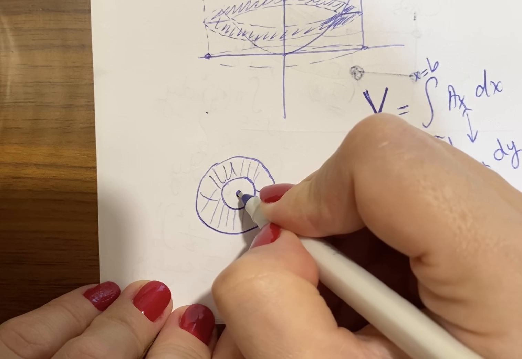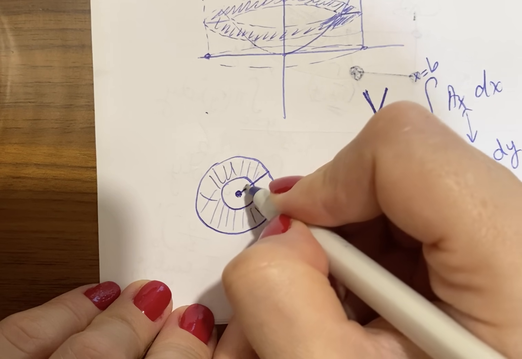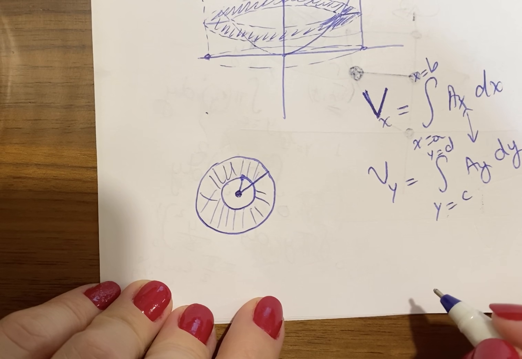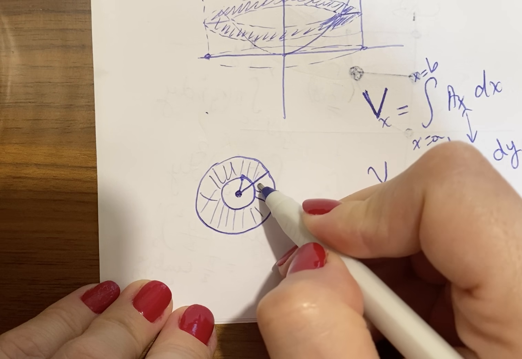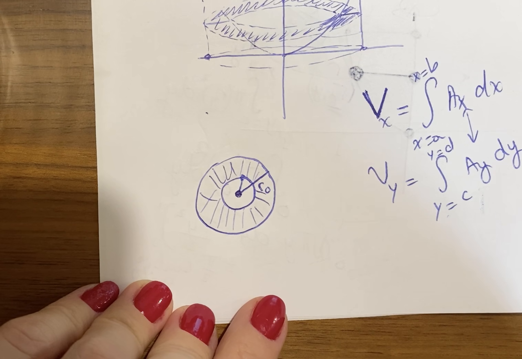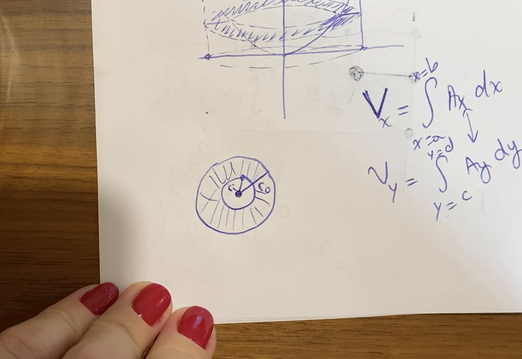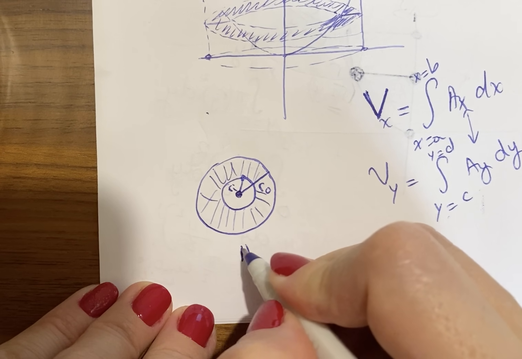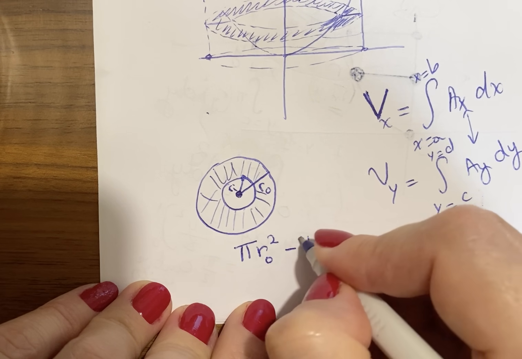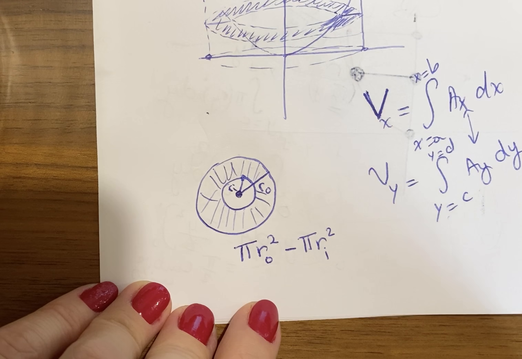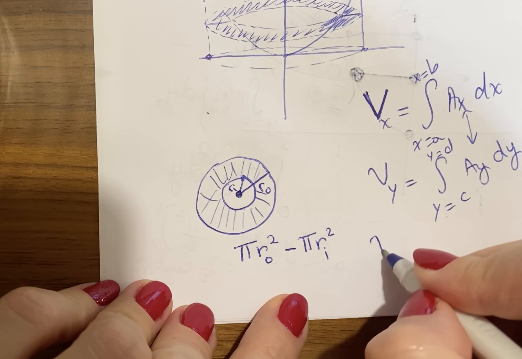The area of a donut shape is the area of the big circle minus the area of the small circle. I will call the radius of the big circle the outer radius, r outer, and the inner circle r inner. So the area of the big circle will be pi r outer squared, minus the area of the small circle, pi r inner squared.